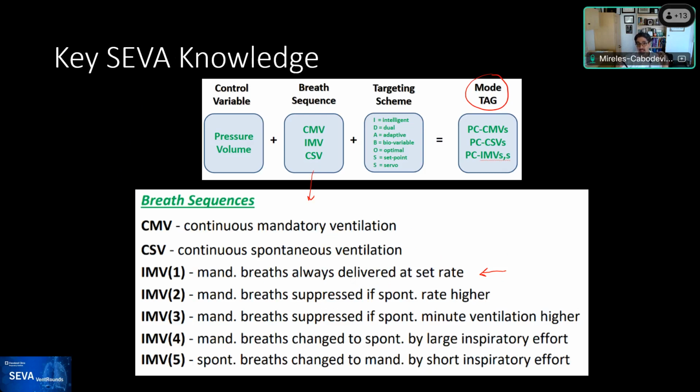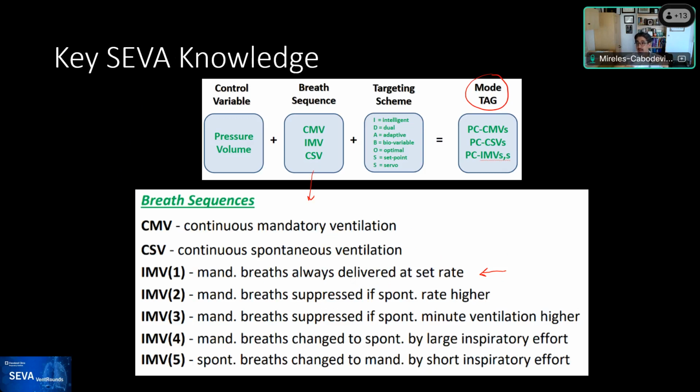And in certain cases, for every single one of these IMVs, I like to do the exercise of thinking, what type of patient would this be useful for? In what patient would I want to use a type 1, a type 2, a type 3, a type 4, and a type 5? And when you start thinking about that, it starts giving you some clarity about how to apply this technology. So having said that, let's go into our case.